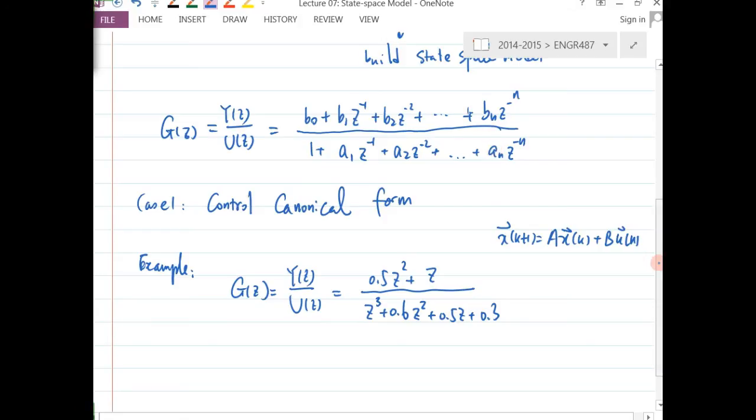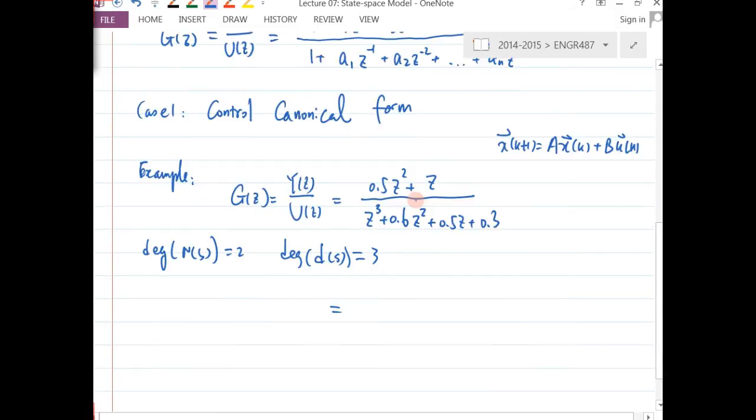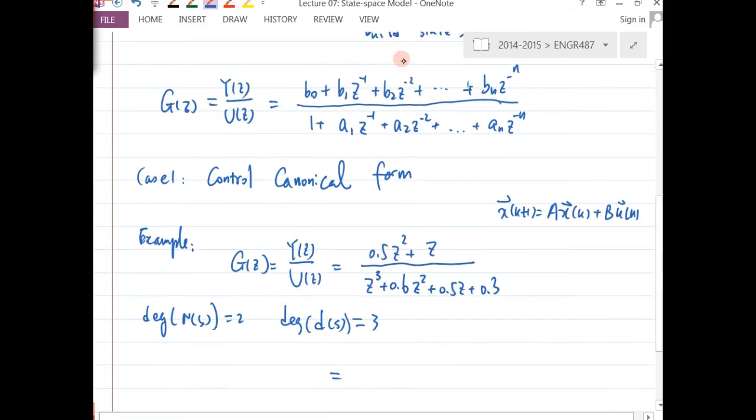In this particular case, the degree of the numerator is 2, and the degree of the denominator is 3.